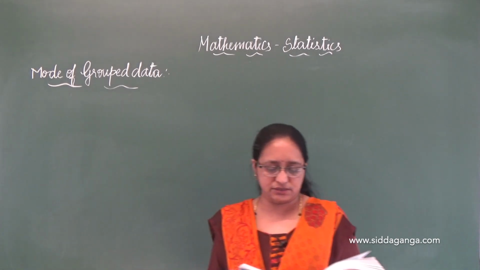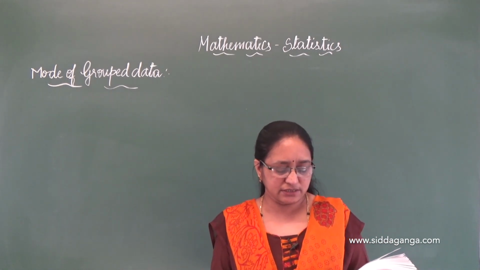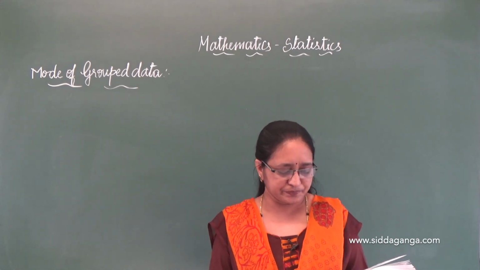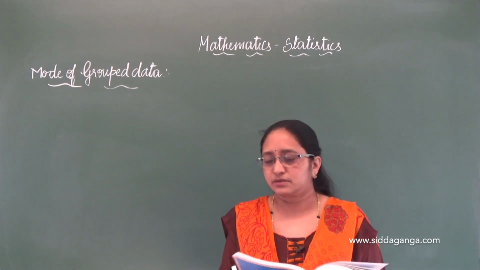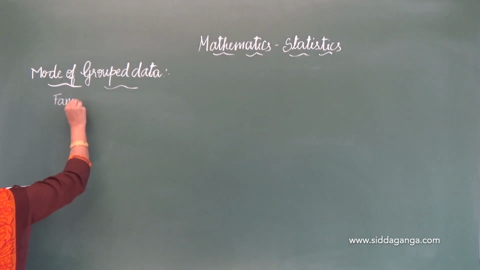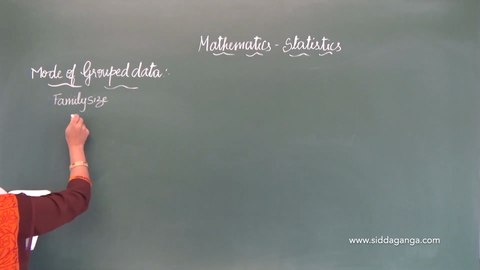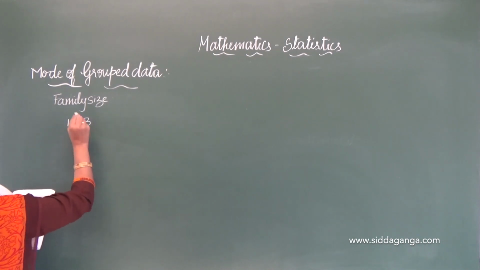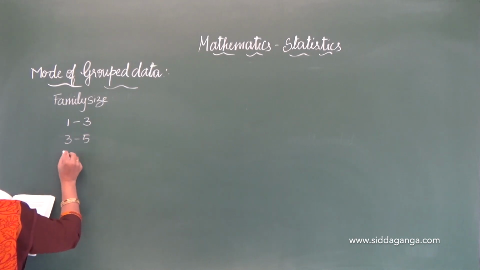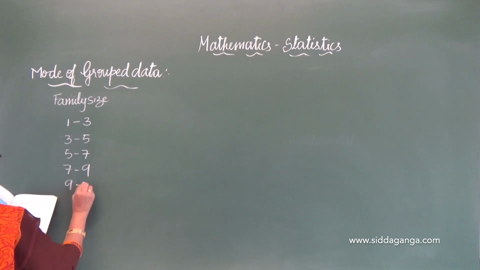A survey conducted on 20 households in a locality by a group of students resulted in the following frequency table for the number of family members in a household. So they have given the family size. We'll write the family size: 1 to 3, 3 to 5, 5 to 7, 7 to 9, 9 to 11.